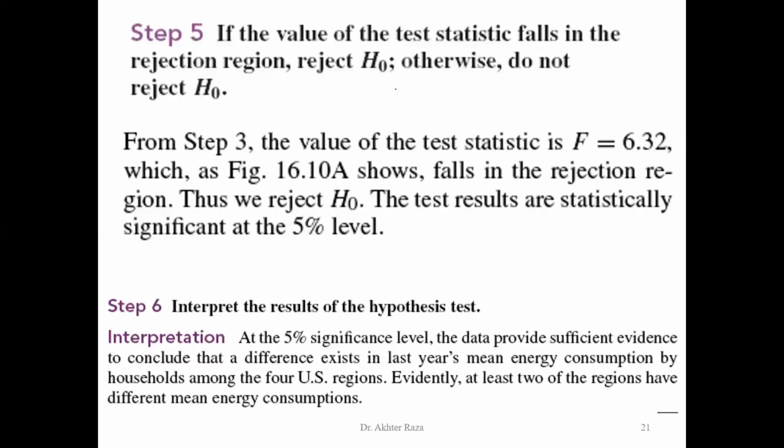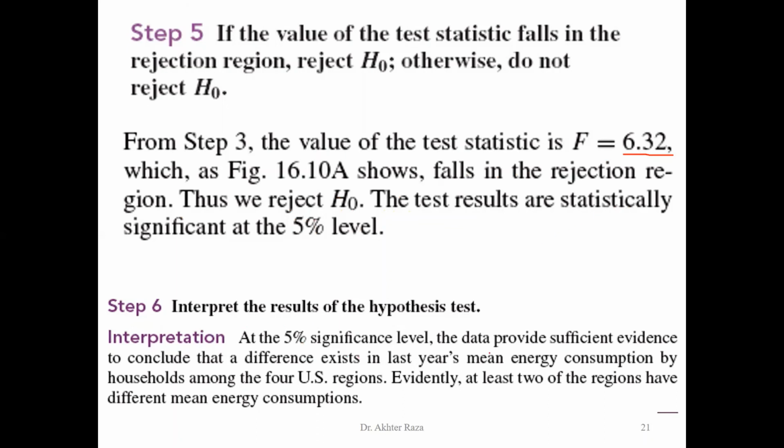Step number 5 is the rejection of the null hypothesis, due to 6.32 being larger than the critical number. Thus, we reject the null hypothesis. The test results are statistically significant. We use the term statistically significant for rejecting the null hypothesis.